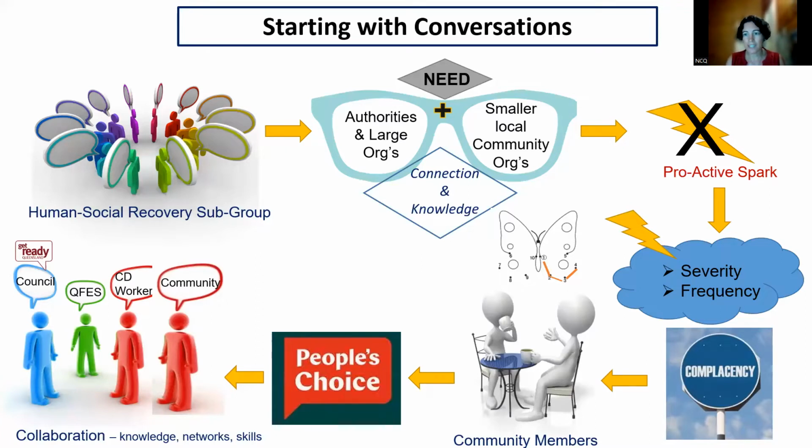So in a good community development process, traditionally, it's about coming from the needs of the people. But the difference here was there was no discussion. It didn't start from a need; it needed a proactive spark, I guess.